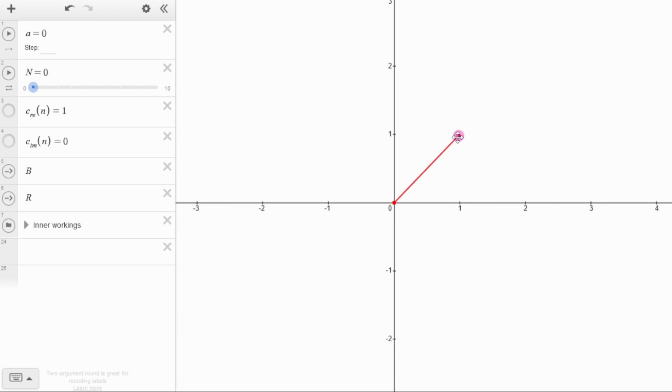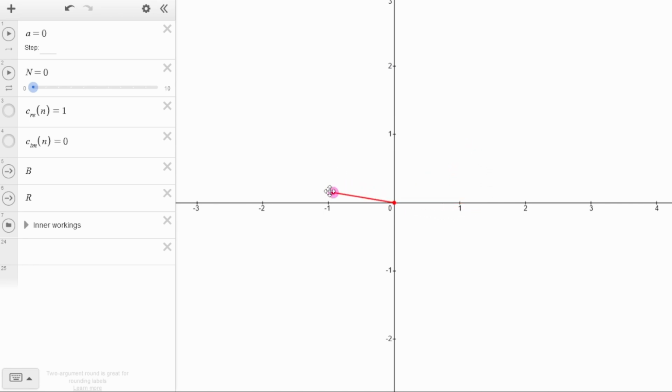So now, the output of our function is 1 plus j. Right now, our function is just real and it's just 2. Right now it's imaginary and it's 2j. If I click this button, it just resets to 0.